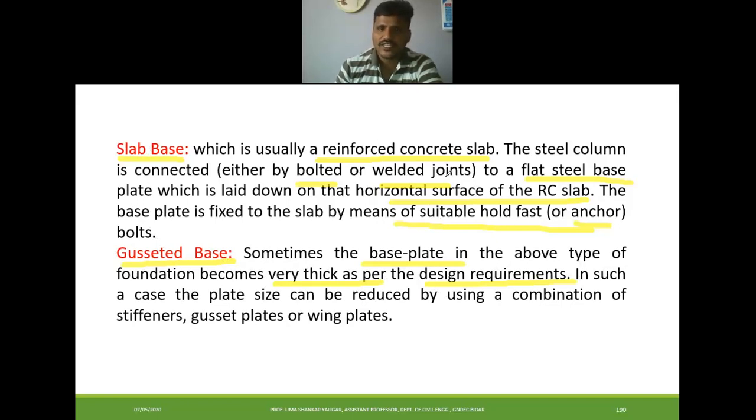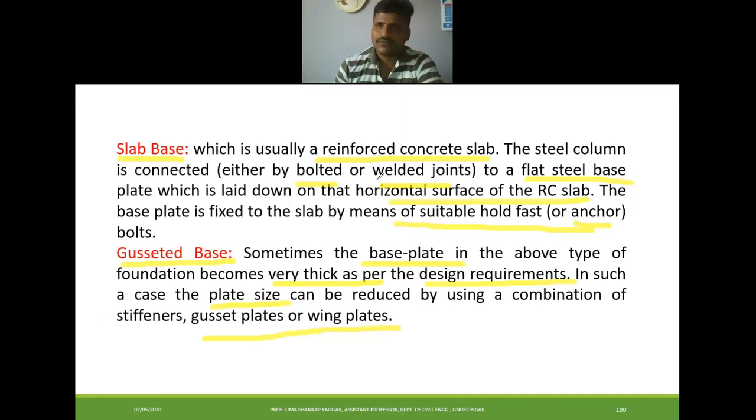Normally you will get more thickness in a slab base whenever the load is more than 1500 kilonewton or 2000 kilonewton. Whenever you get more thickness, we use the gusseted base. In the gusseted base, we reduce the size of the plate by providing gusset plates or wing plates. We will see that in the next slide.